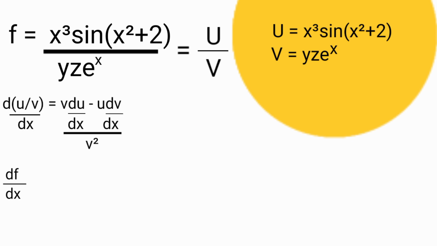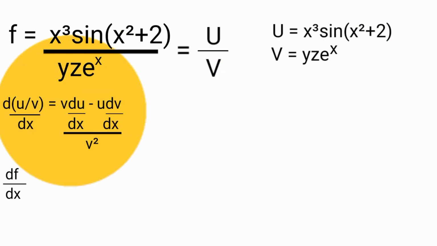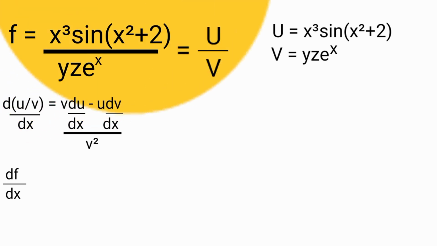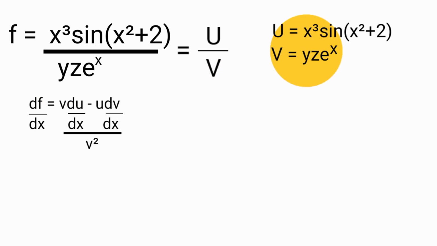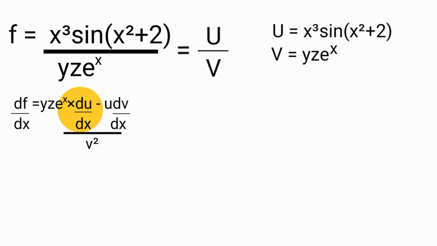So now, substituting into this equation, d(u/v)/dx, which here is equal to df/dx, is equal to v, which we have here to be y z exponential x, multiplied by du/dx.